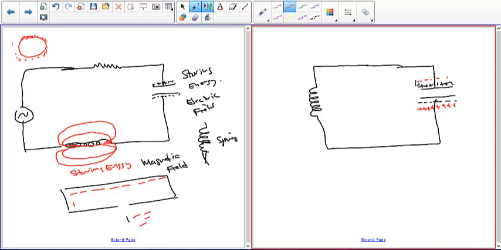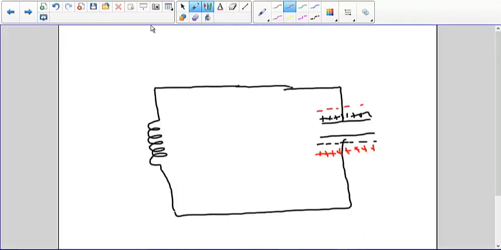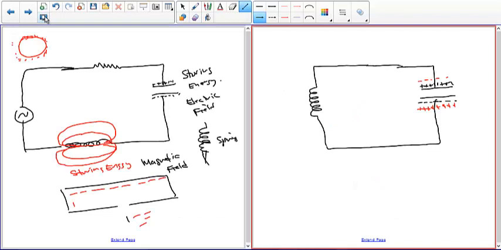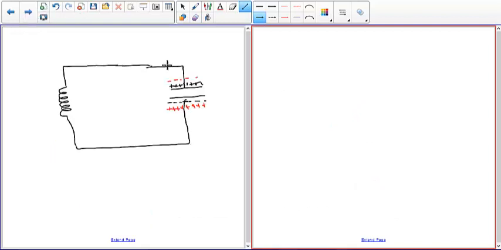recharge the capacitor, right. So basically what you would see if you plotted current in this circuit as a function of time, it would look something like this.